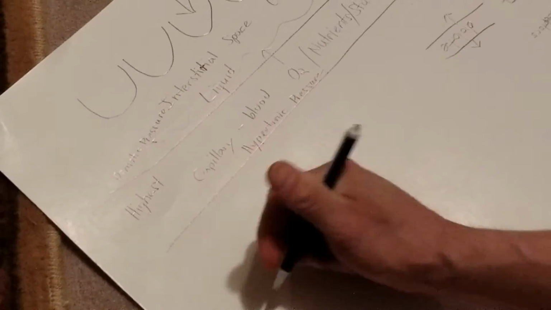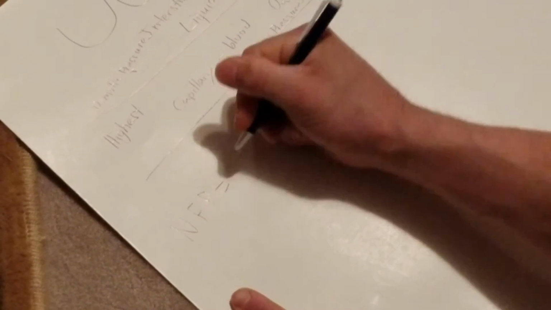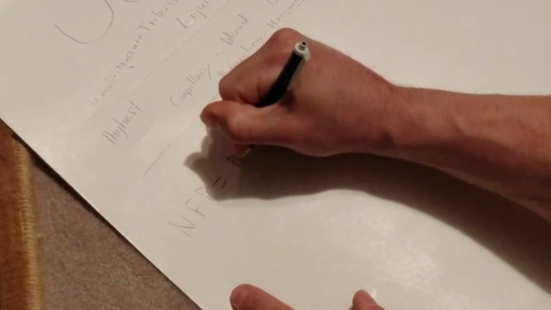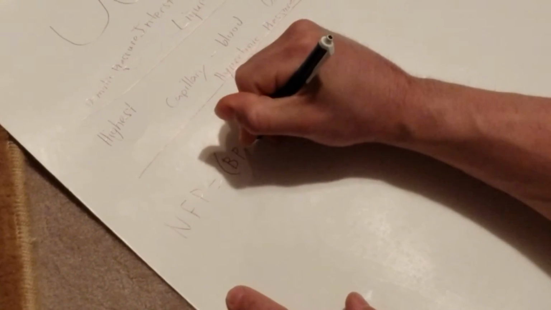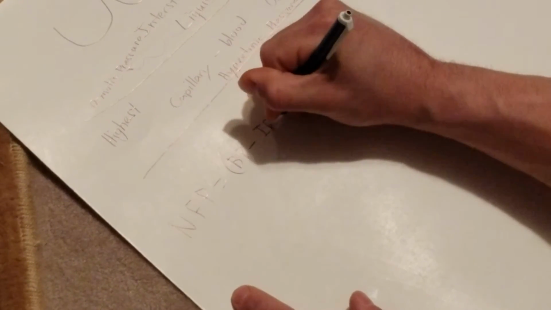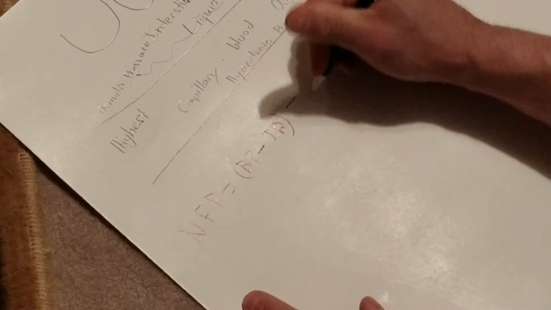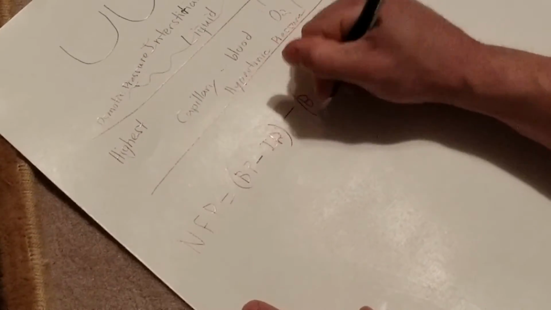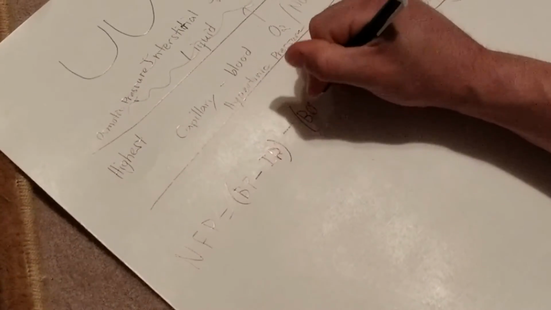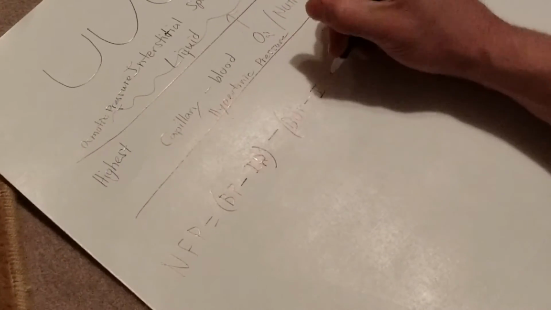And so our net filtration pressure equals our blood pressure minus our interstitial pressure, minus our blood osmotic pressure, minus our interstitial osmotic pressure.